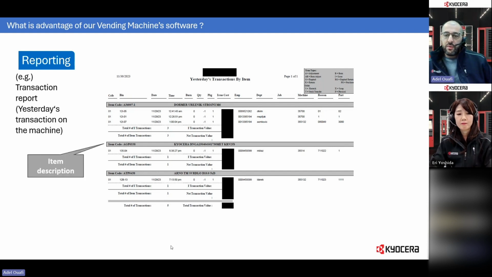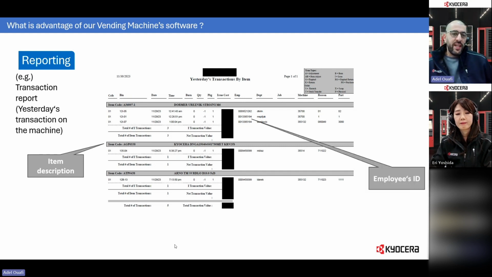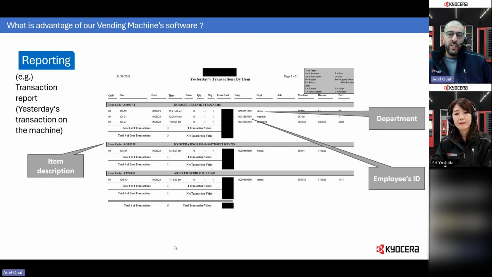We start with the gray line where the item information is shown: description, the internal item number, and then you can see the date and the time when that item was picked, and also the employee who took that item, and for which department, and also for which machine this tool will be used.